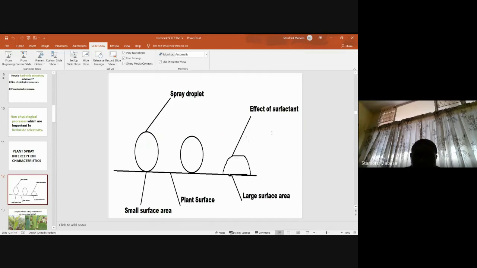But if we use a surfactant, we can modify the area of contact by increasing the surface area so that we have a large surface area in touch with the leaf. So surfactants can be used to increase herbicide efficacy, but we'll talk about that later on. Otherwise, most droplets can roll off the leaves.